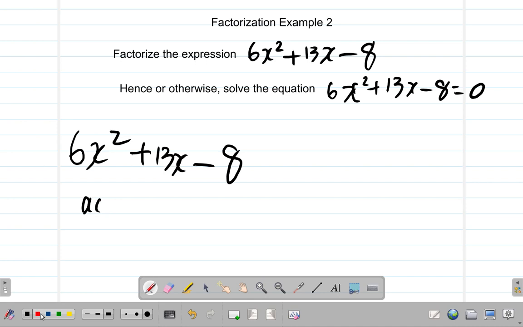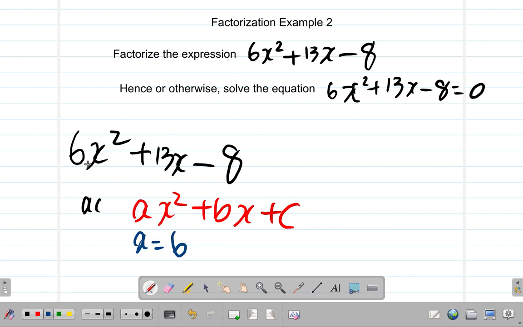The general form is ax squared plus bx plus c. Now you can see that a is 6 because ax squared is 6x squared. Then b is 13. Remember, it's bx, 13x. Then minus 8 means plus negative 8. So c is negative 8.